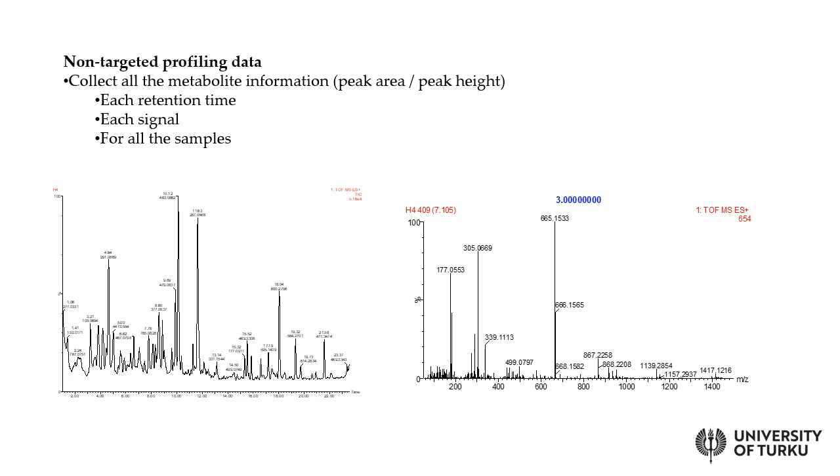So these are the 3 different values that you will get for all of your analytes: retention time, mass to charge ratio for the signal, and then the intensity values. And this is repeated throughout all the, let's say, 250 samples that you have in your run.